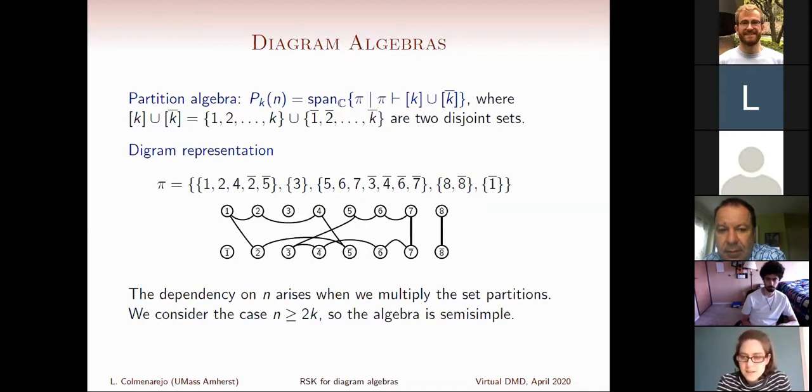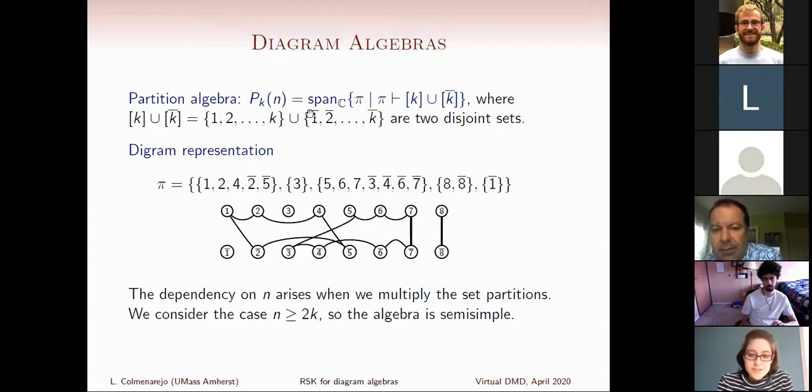So I will just take a generic representation. What is most common is to make sure that you're not just connecting everything. So in this case, I have 1, 2, and 4, which is like this here. And then I'm going to 2 bar and 5 bar. So I also have this. So this diagram over here is representing this partition algebra element.